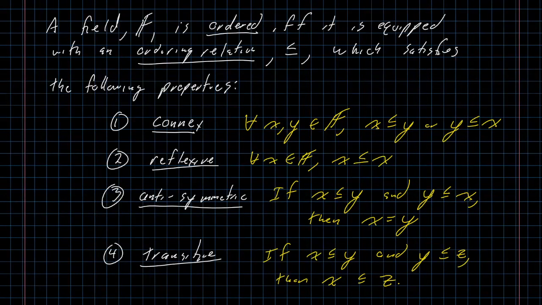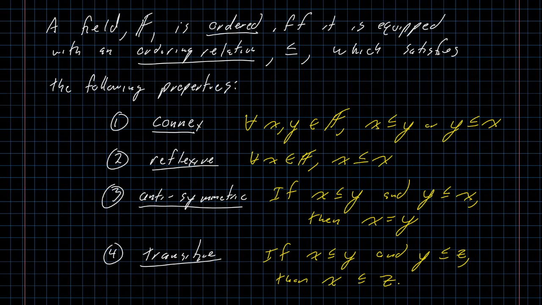All right. So convex, not a name that you run across very often, but it is a property that has a name, so might as well mention it. Convex is very similar to closed. Everything is related one way or another in the field. Reflexive property, everything is related to itself.